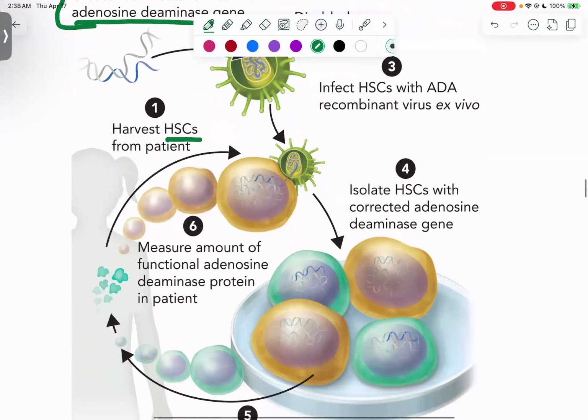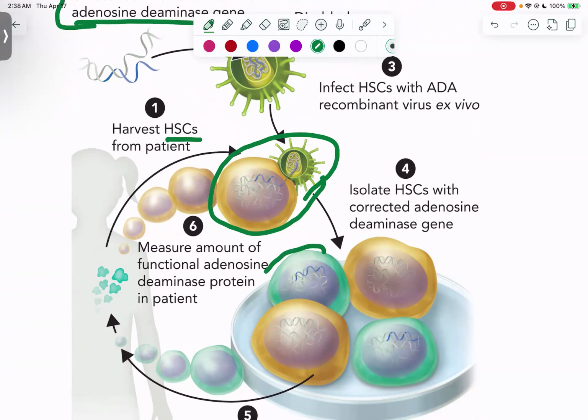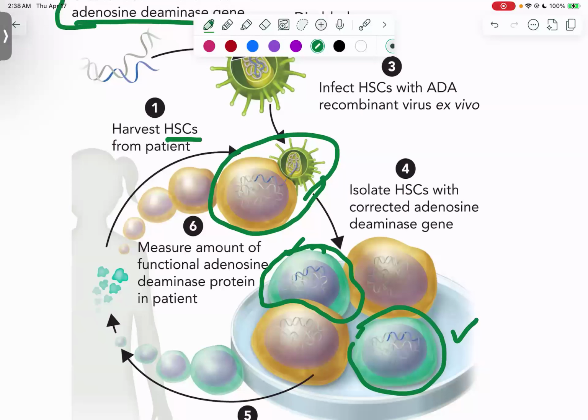And so you have these cells that get infected, right? Some of them become infected and some of them don't. So you can see that like this one and this one, both of these got the gene for the good adenosine deaminase, and the other two didn't.